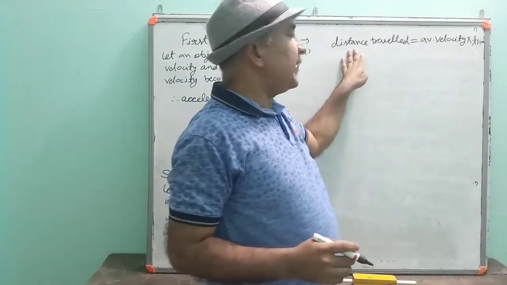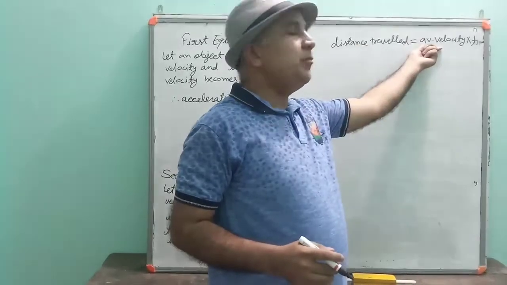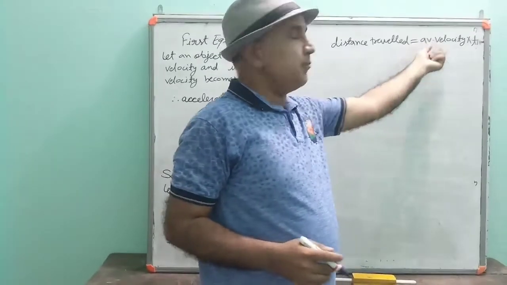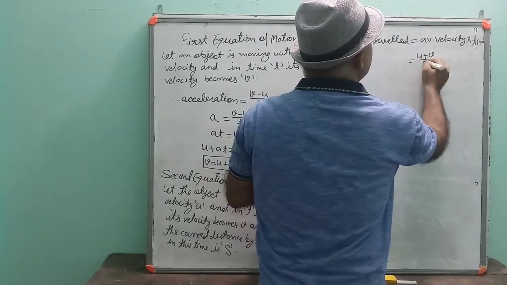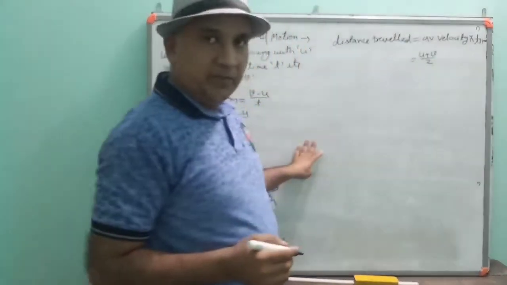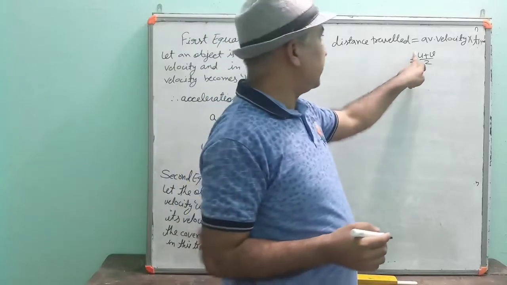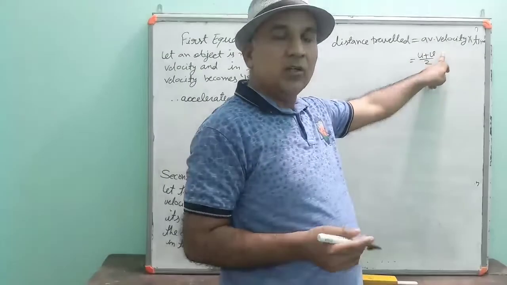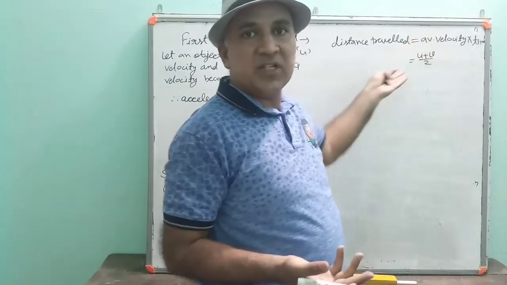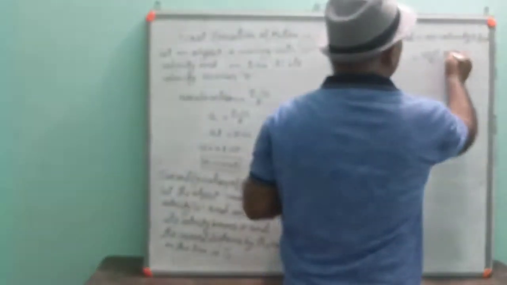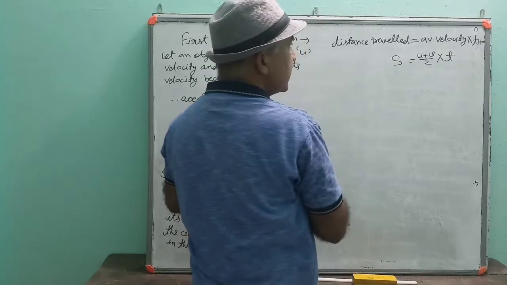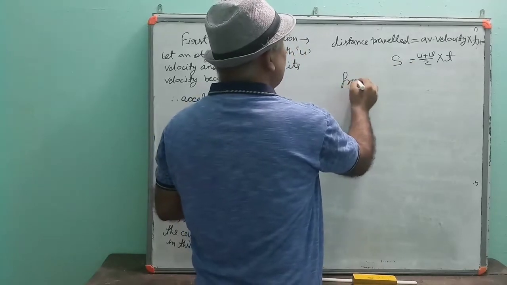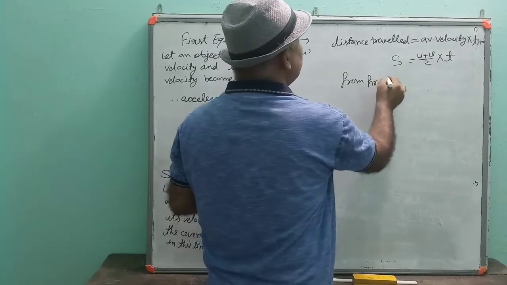Since here we are finding distance, we will take only the magnitude of velocity. Average velocity magnitude, since initial velocity u, final velocity v, will be (u plus v) by 2, into time t. Distance traveled is s.